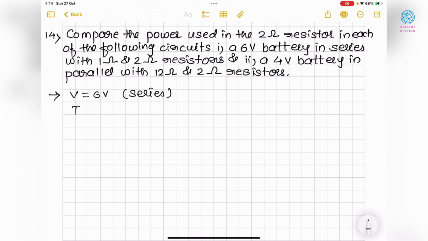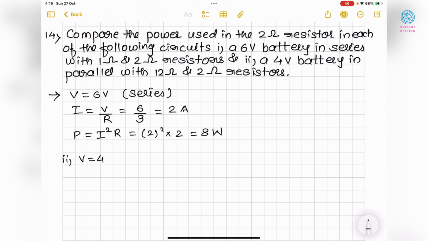So I will be equal to V by R. So that is 6 by 3, because 1 plus 2 will be 3. So 2 ampere. So now P equal to I square R. So that will be 2 square into resistance is 2. So 8 watt.